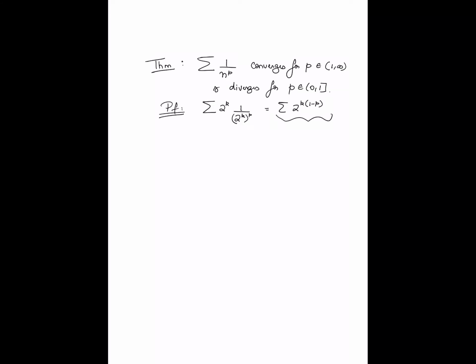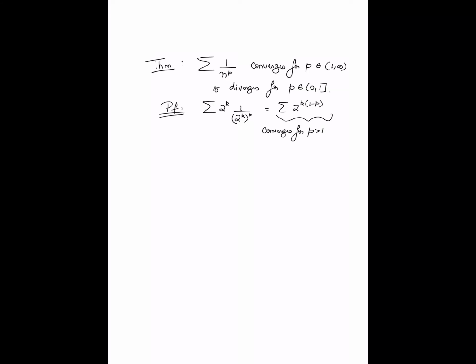This fellow clearly converges for p greater than 1, because then it becomes a geometric sum, right? If p is greater than 1, 1 minus p is less than 0, and so you're looking at summation 2 raised to k times something less than 0.